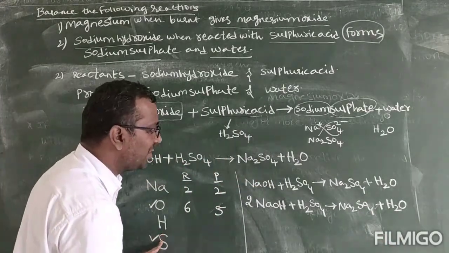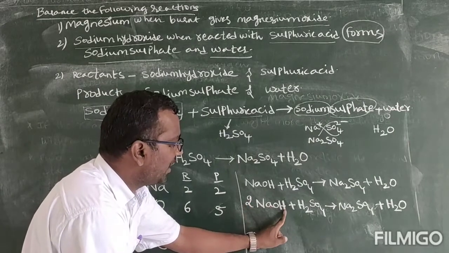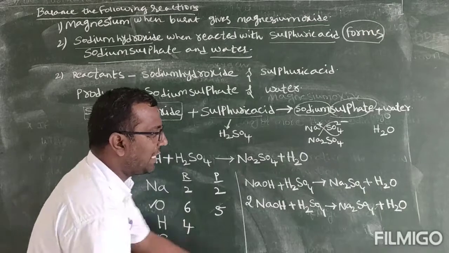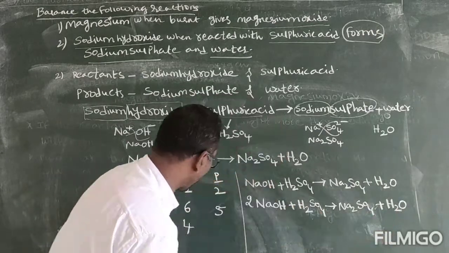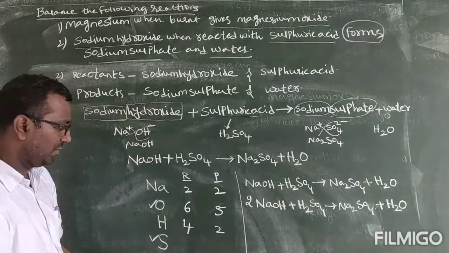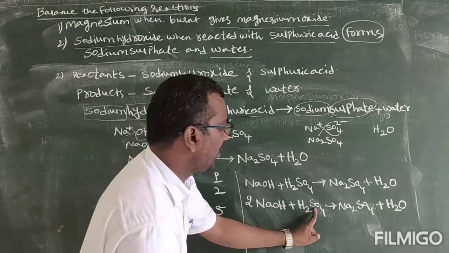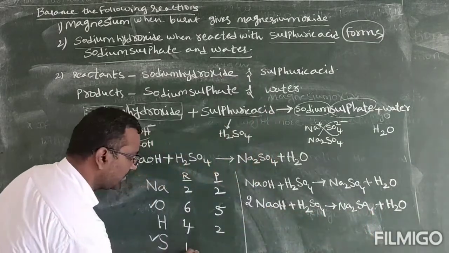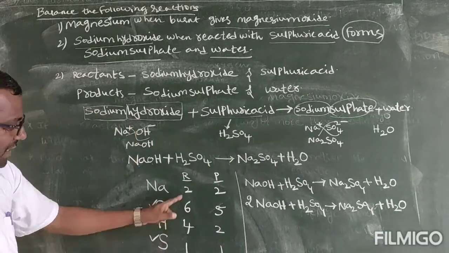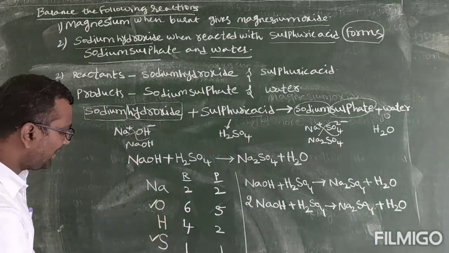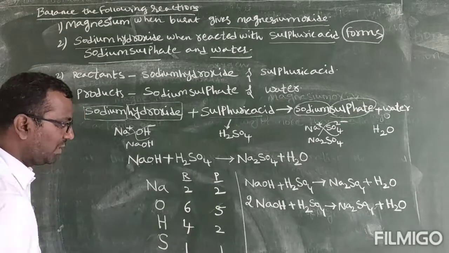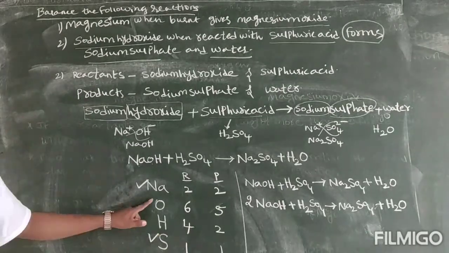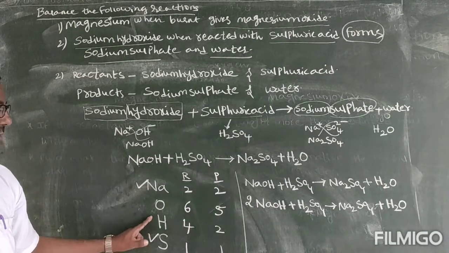Next hydrogens: 2 into 1 is 2, plus 2, 4. Here only 2 came. Sulfur, here 1, here 1. Again now, oxygen is not balanced this time. Sodium is balanced and sulfur is balanced. Oxygen and hydrogens are not balanced.